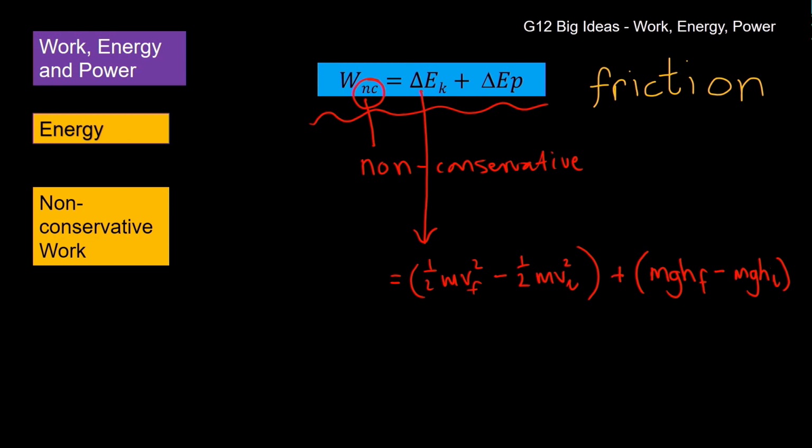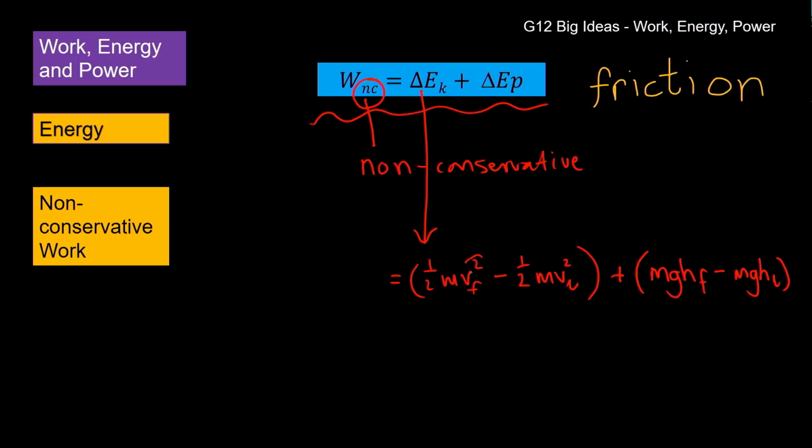If friction is taking energy out of the system, there has to be a change. But it is important that you recognize it's the change in kinetic energy plus the change in the potential energy. Remember the squares here. It is really, really important that you remember those squares.